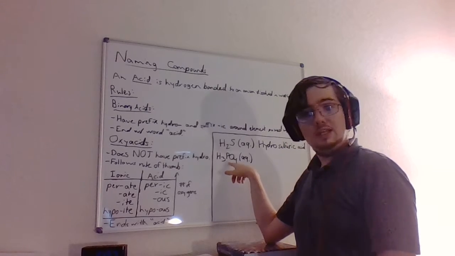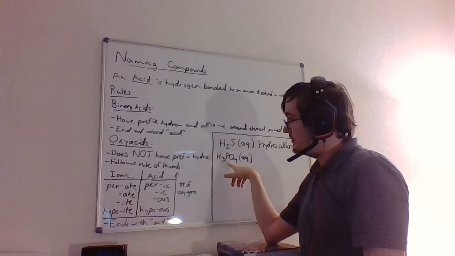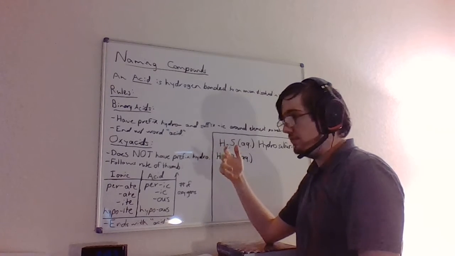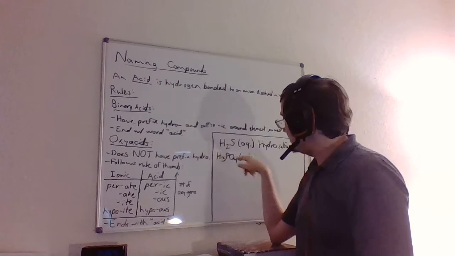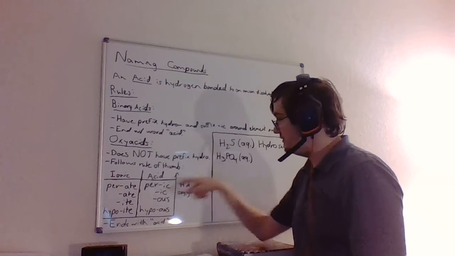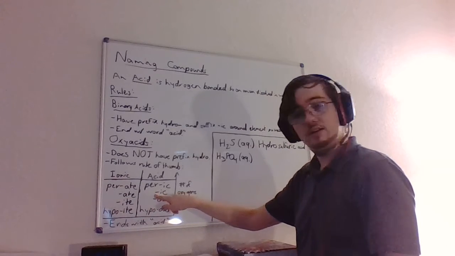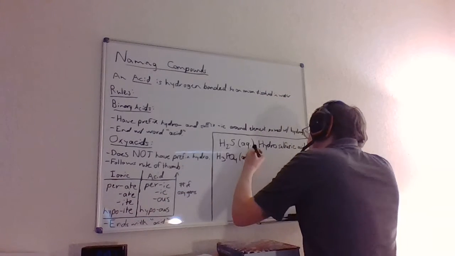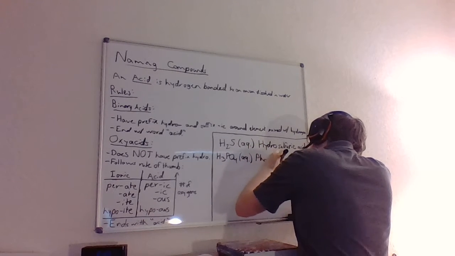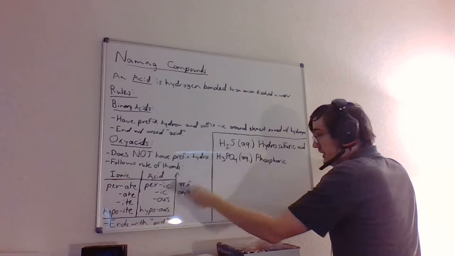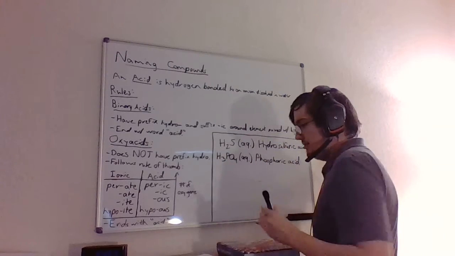So let's identify what that PO4 is on this chart. If you take a look at your sheet of paper, or if you have it memorized, you should be able to see that this is the polyatomic ion phosphate. That means as an acid, it becomes phosphoric. So we have phosphoric, and then you end with the word acid. And that's how you name that one.